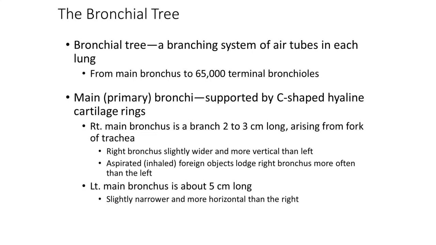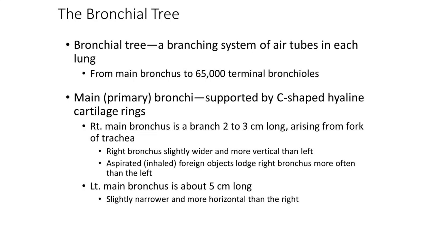Then you have a right main bronchus, and this is a branch about 2 to 3 centimeters long arising from the fork in the trachea. The right bronchus is slightly wider and more vertical than the left. Aspirated or inhaled foreign objects lodge in the right bronchus more often than in the left, and that is because it is slightly wider.